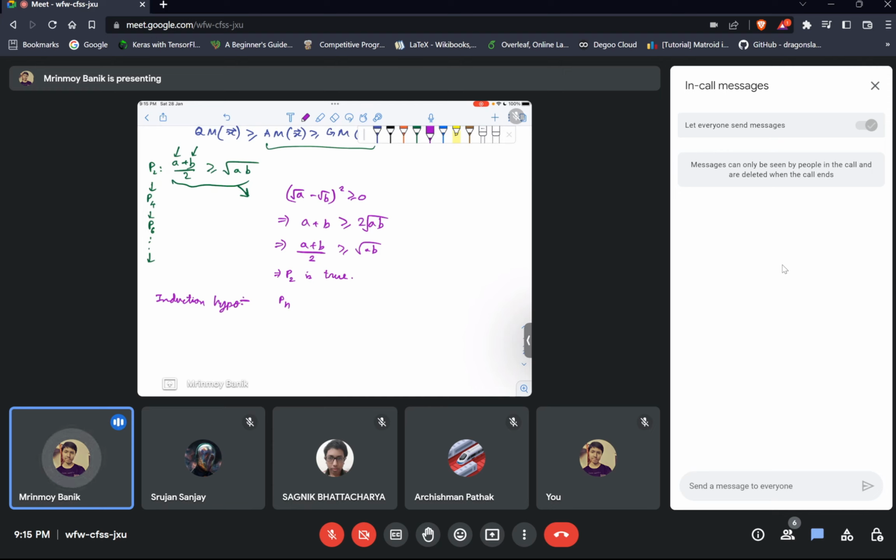Or maybe we should go the other way around, like from Pn to Pn minus 1. So the hypothesis is Pn is true. Now let's check for P2n.